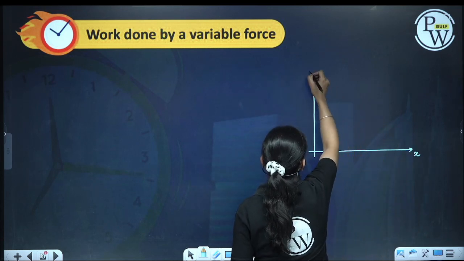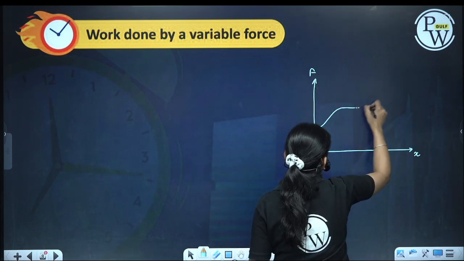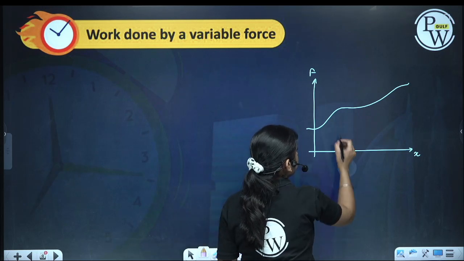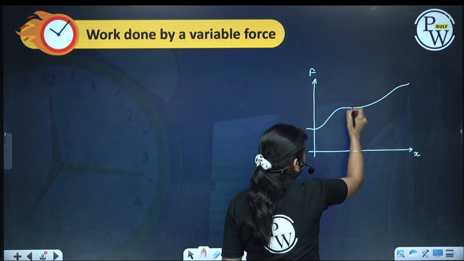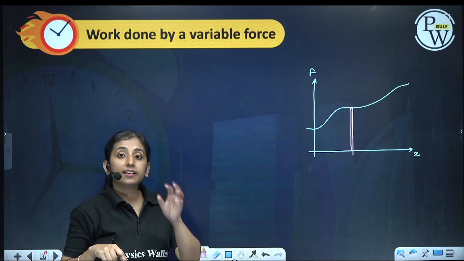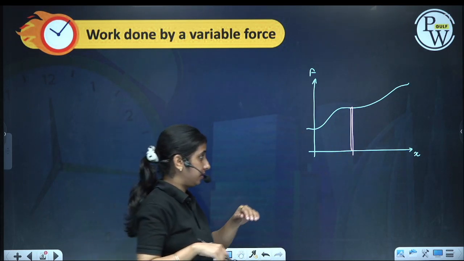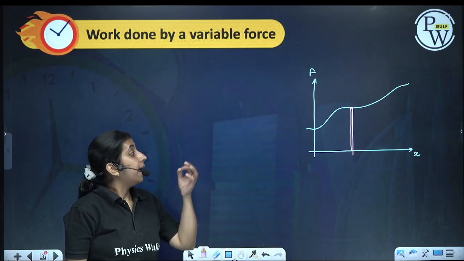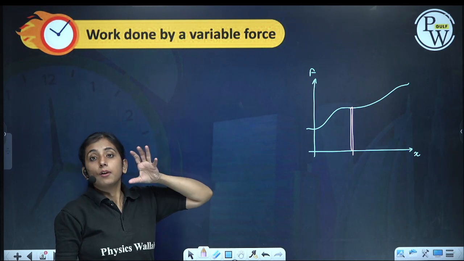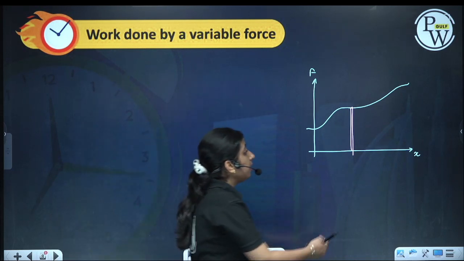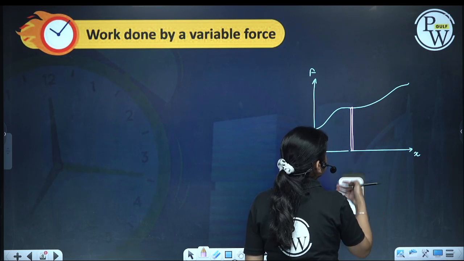If I take a very small interval such that this interval is infinitesimally small, when we divide this into infinite, this dx will be very small.